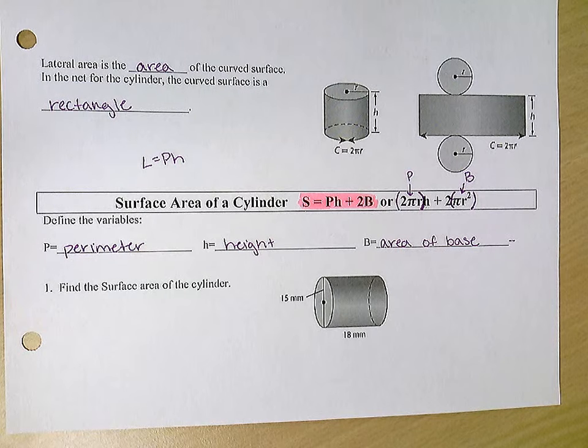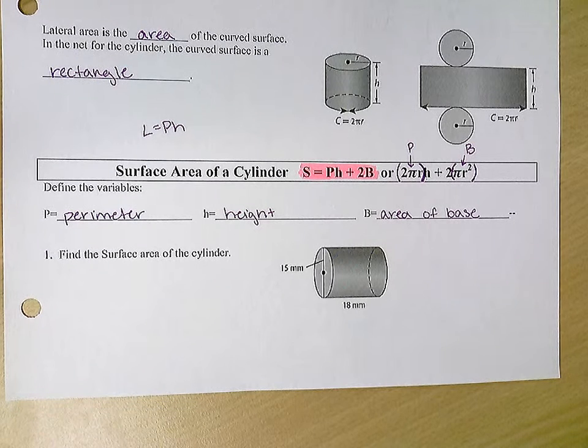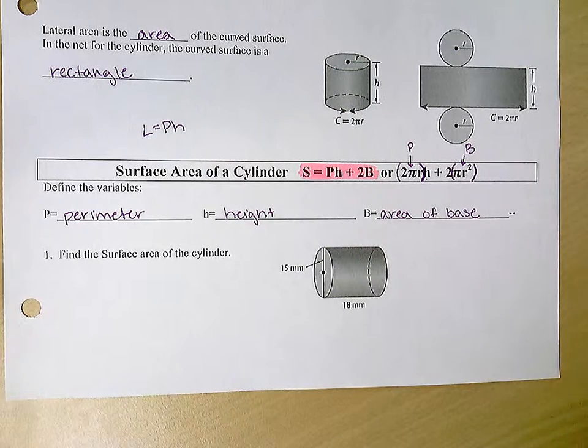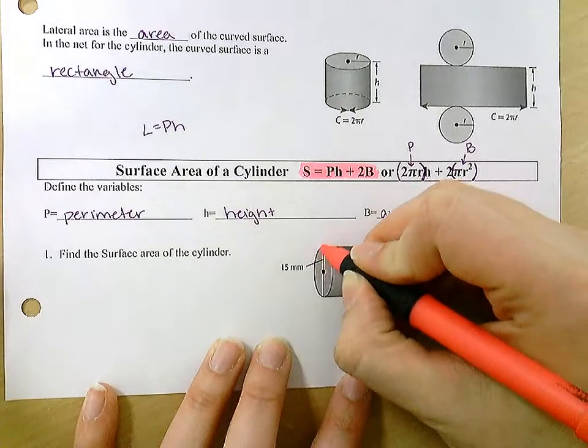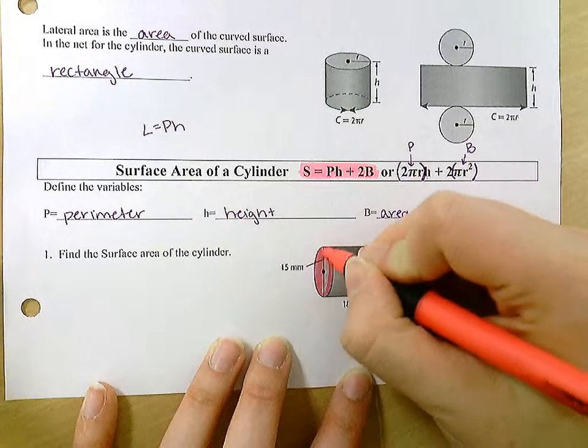All right, so I'm going to go over an example. Just like we did on Friday, we're going to find P, we're going to find H, and then we're going to find B, and then we can plug it into our surface area formula. First thing I do is identify my base. In a cylinder, your base is always going to be the circle. So here's my base, this circle here.